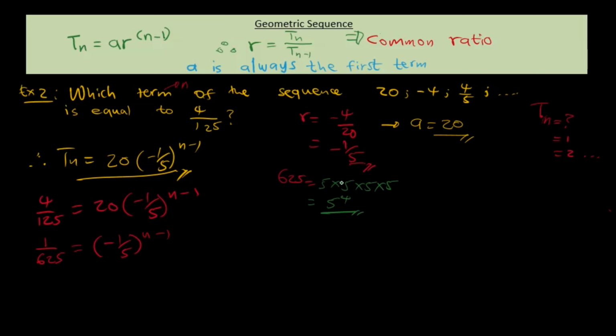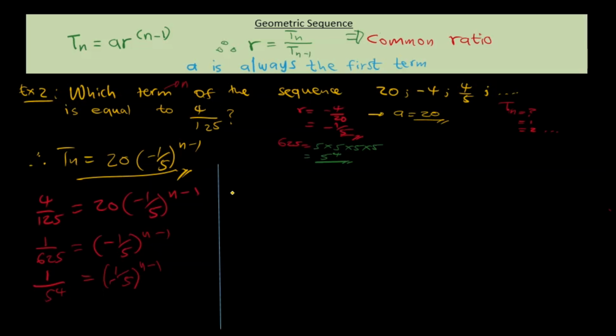Because the bases are the same, you add the exponents. So I'll rewrite 625 as 5^4. The idea here is to make sure that I have the same base so that I can equate the exponents. Going to rewrite that, so it's (−1/5)^(n−1).